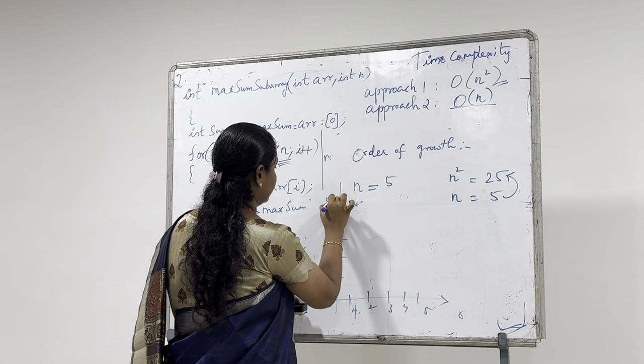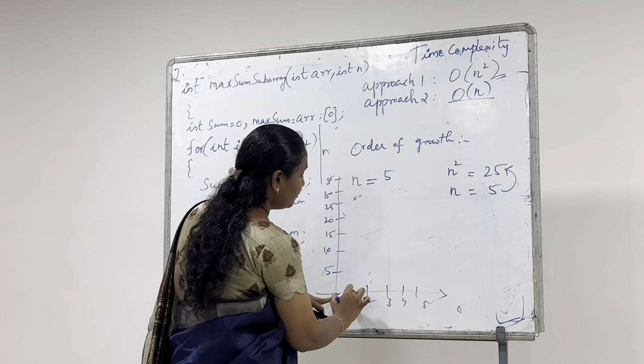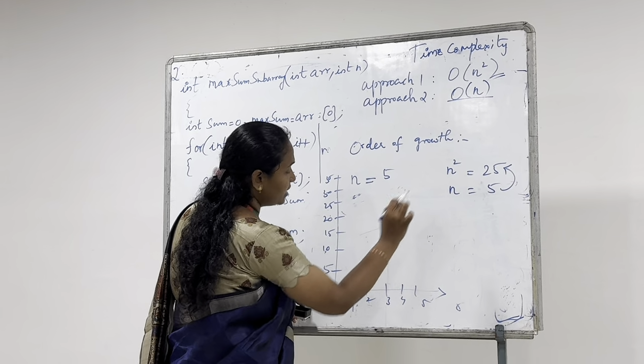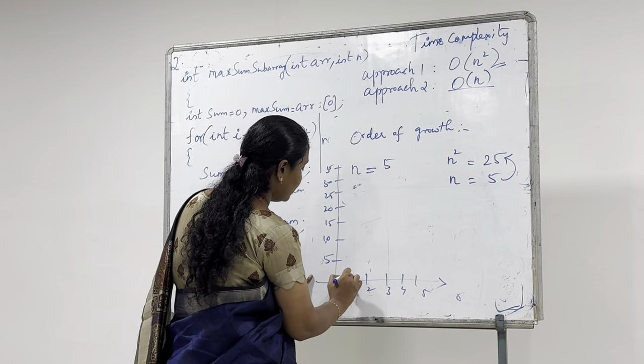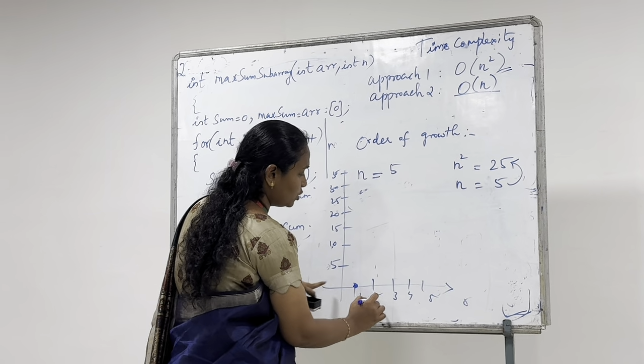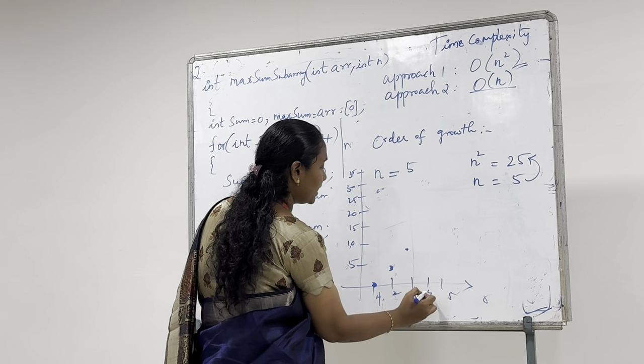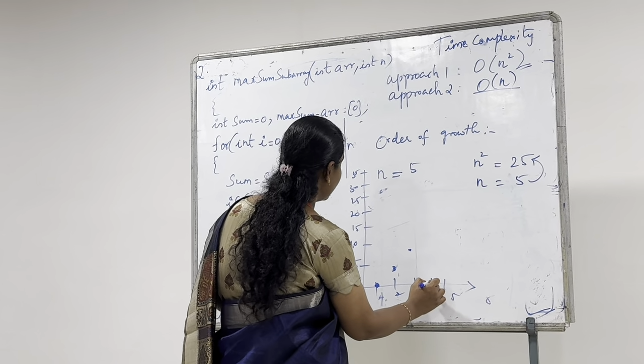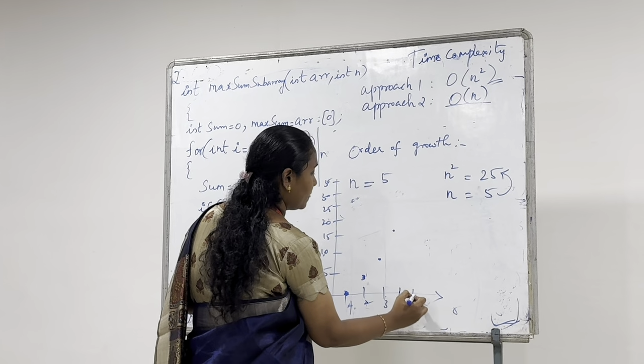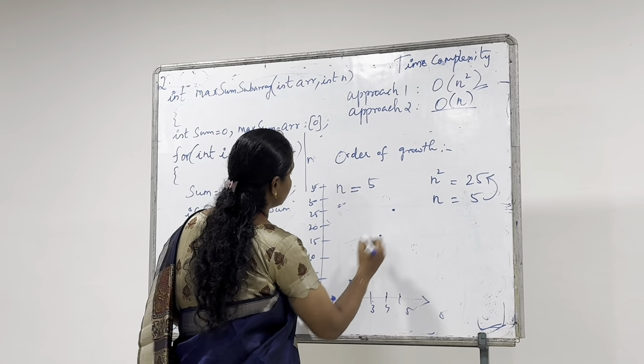If n is 1, then n square is also 1. If n is 2, n square is 4. If n is 3, n square is 9. If n is 4, n square is 16. If n is 5, n square is 25.